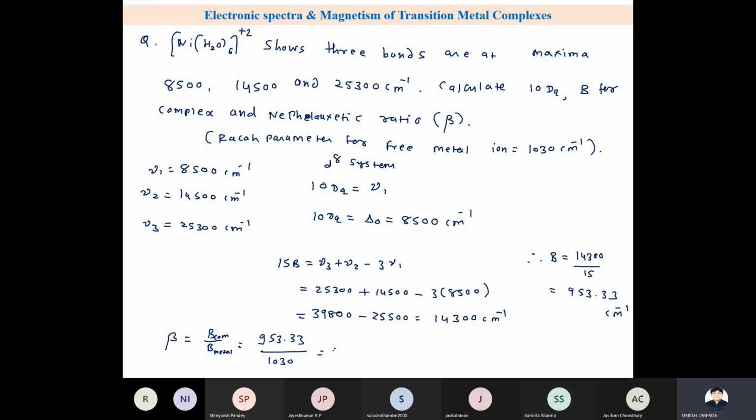Yes, good. So this is called beta, or sometimes you calculate percentage beta also, percentage nephelauxetic ratio, that is 92.5. You can just multiply it with 100.